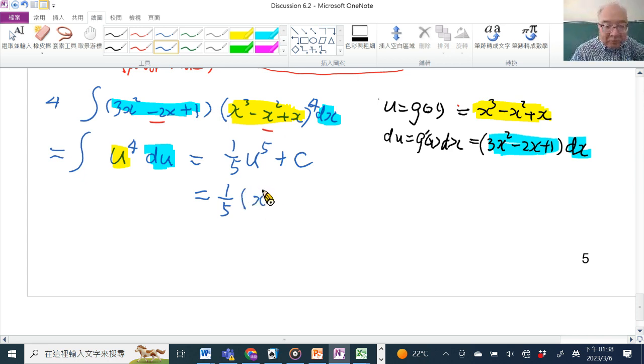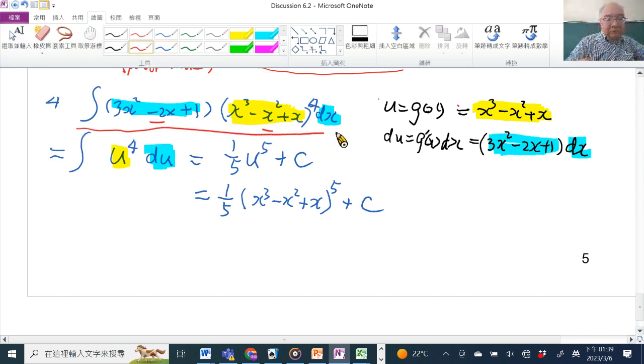So we have x to the power 3 minus x squared plus x, to the power 5, plus a constant c. Okay, so this will be the final result for the integration of parentheses 3x squared minus 2x plus 1, multiplied by x to the power 3 minus x squared plus x, to the power 4.